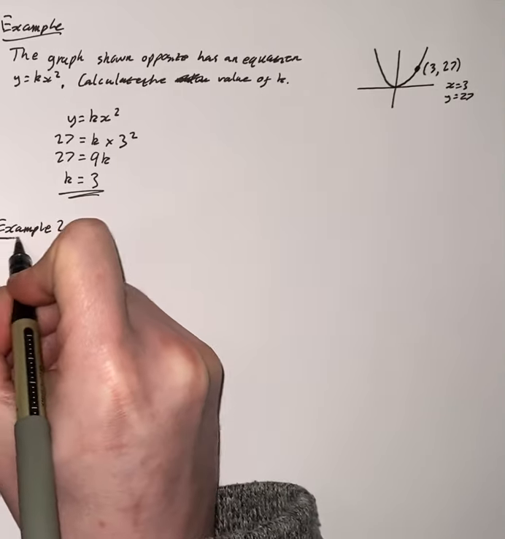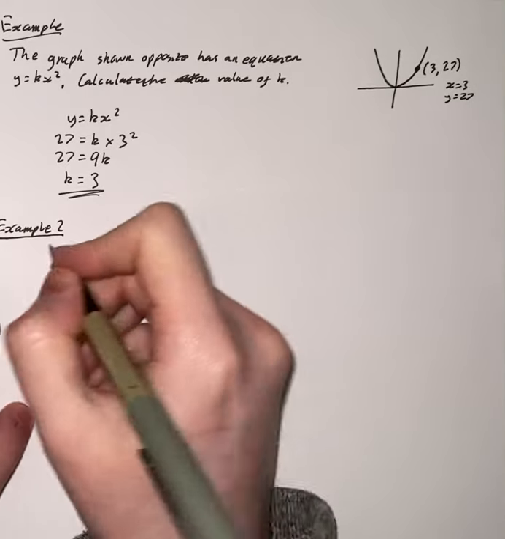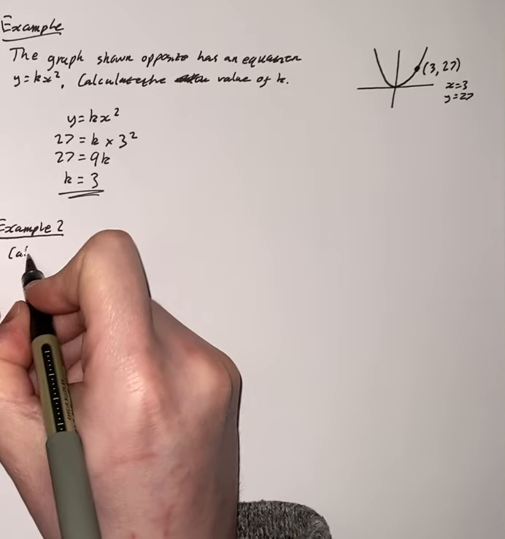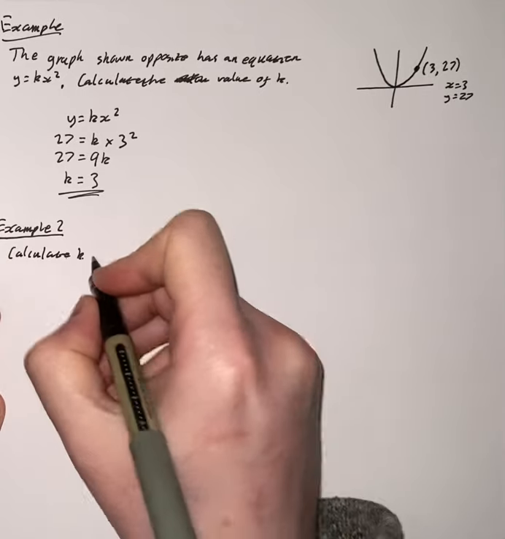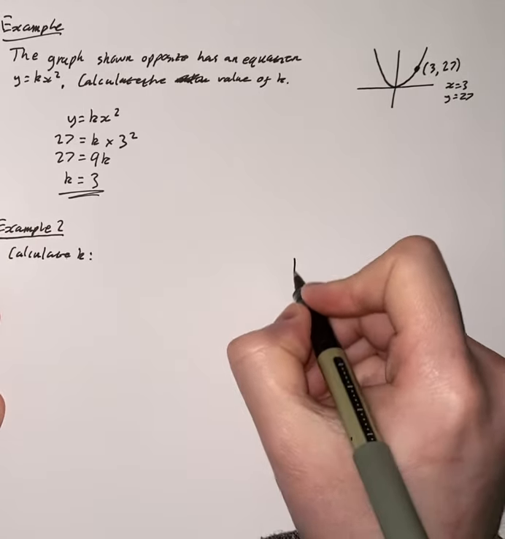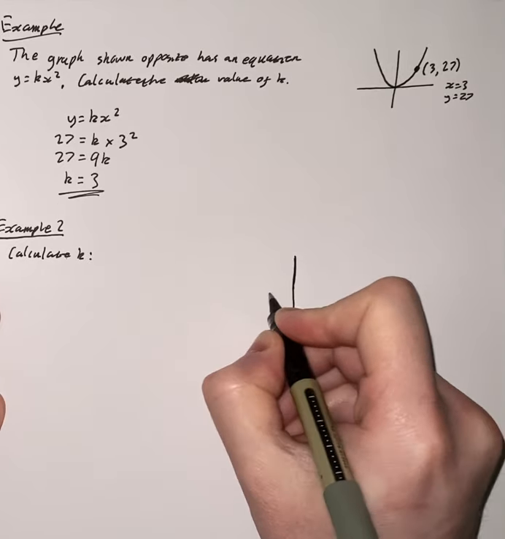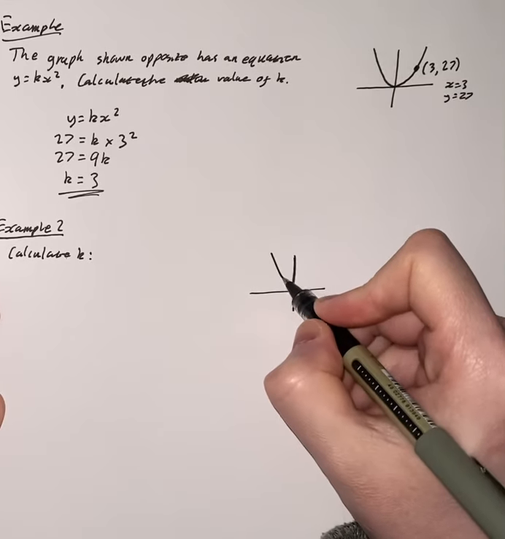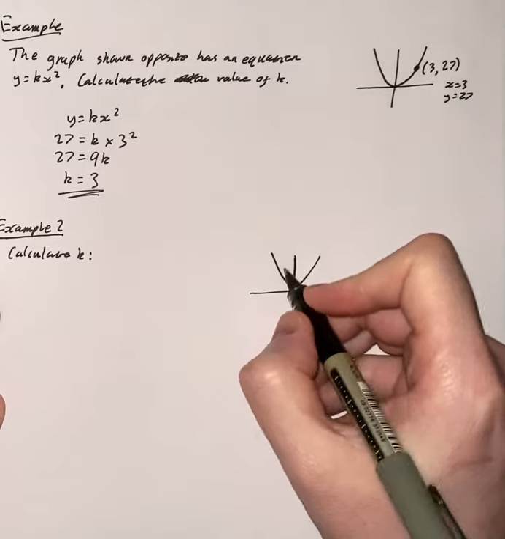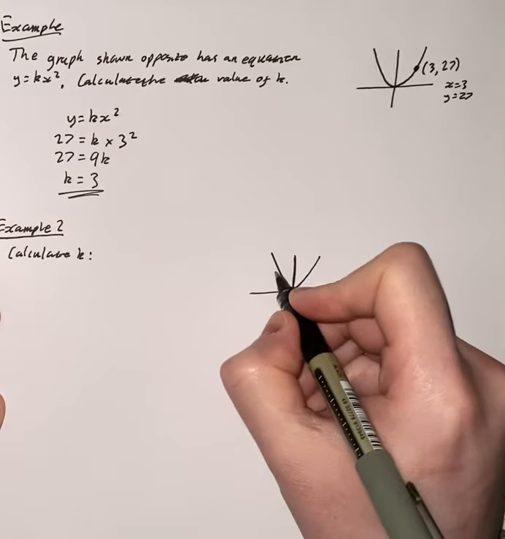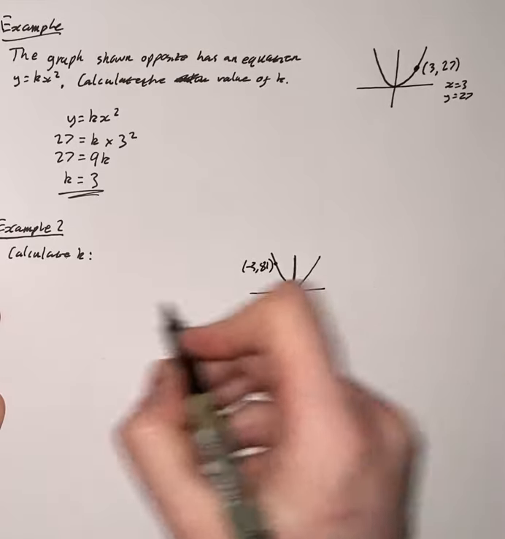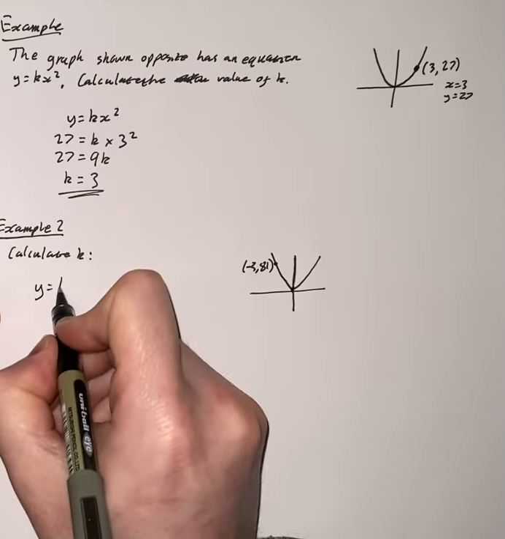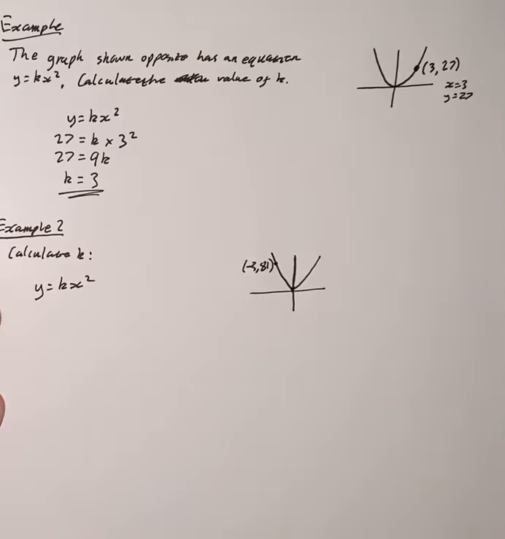Okay. To give you just some further examples, okay? Just to show you what you're watching out for. So this time, example 2, calculate k. And again, a graph that looks something like this. Okay, and again, we're starting off with this y equals kx squared.